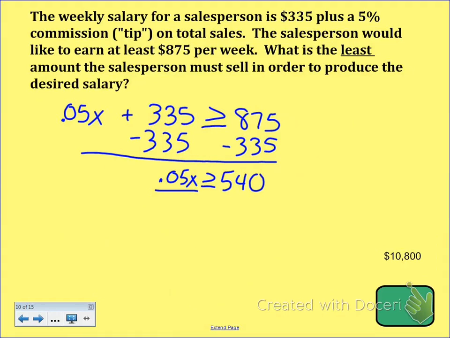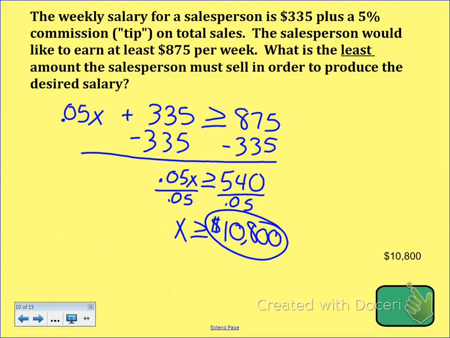Divide both sides by 0.05, and x is greater than or equal to $10,800. And the question asks, what is the least amount the salesperson must sell? The least amount is the $10,800 right there that they have to sell in order to make the $875 that they want to. Okay, next question.